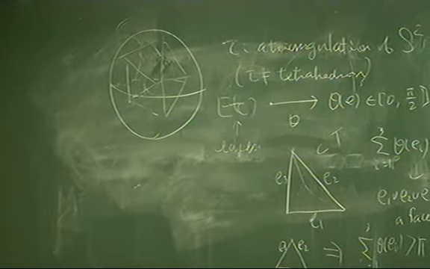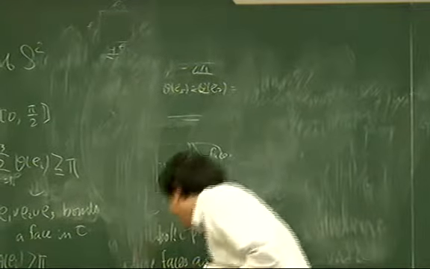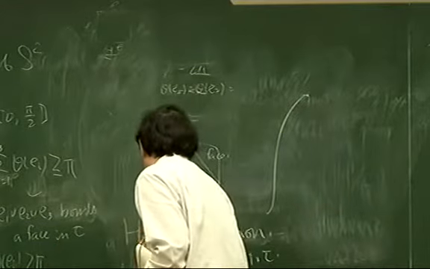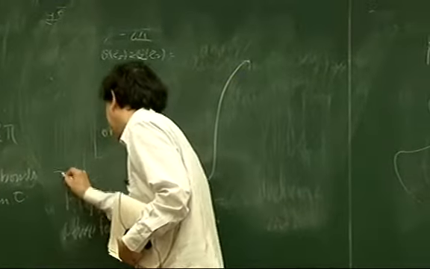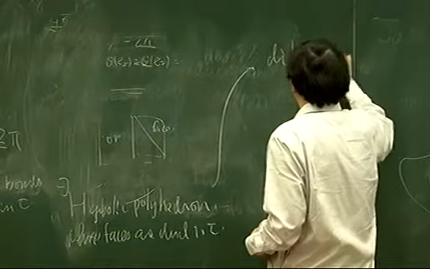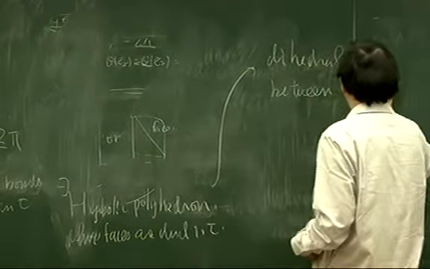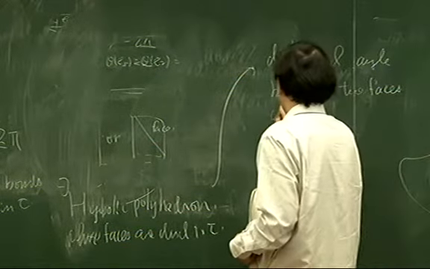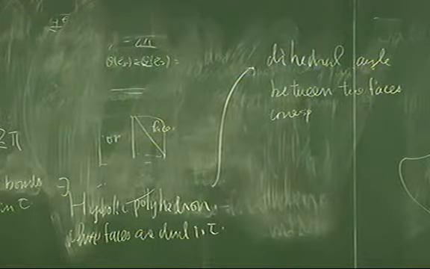Well, sorry. So a hyperbolic polyhedron whose faces are dual to tau, and the dihedral angle between 2 faces corresponding to, so if the two faces are adjacent, then there should be some edge corresponding to the shared edge.